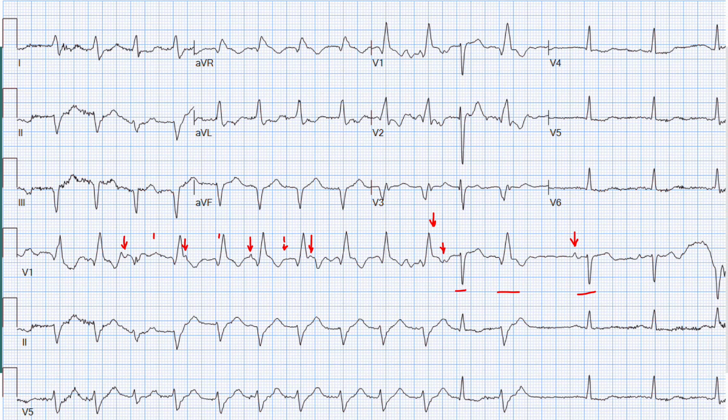I personally don't like capture and fusion beats. I certainly had to know them for my exams, and I know what they mean mechanistically, but quite honestly, in my mind they can still suggest SVT.